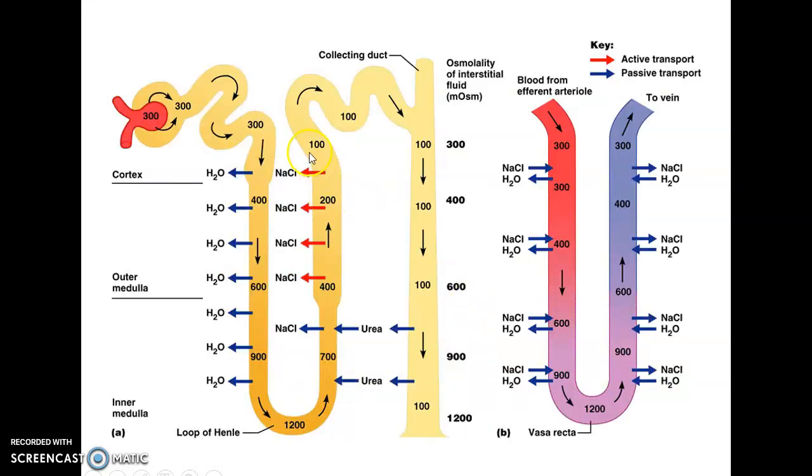If you have a look here, this is the ascending limb of Henle's loop, and you can see that it is releasing sodium chloride, and it is being taken up by the descending limb of the vasa recta, and finally this sodium chloride will be released into the medullary interstitium by the ascending limb of vasa recta.